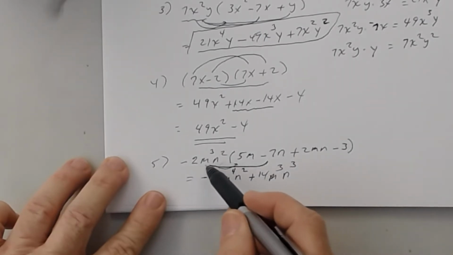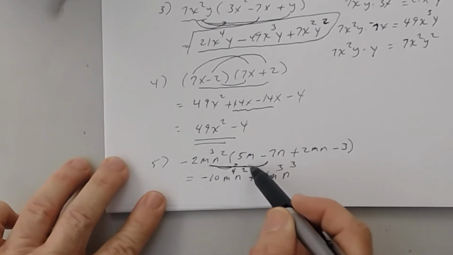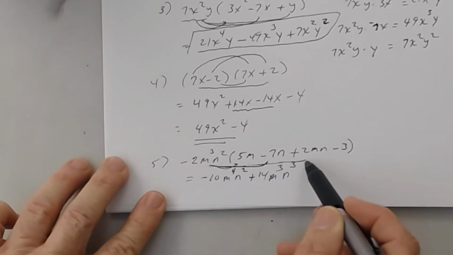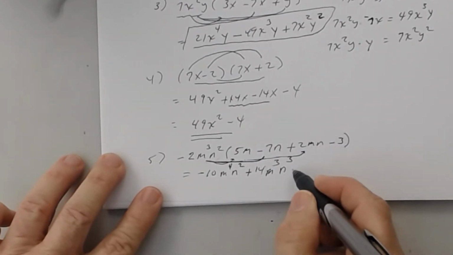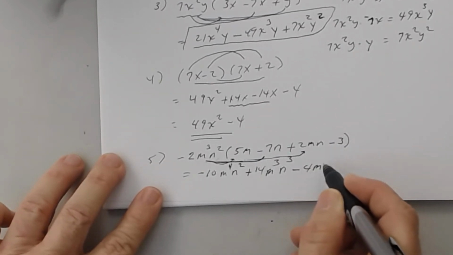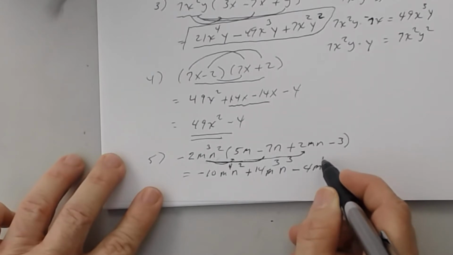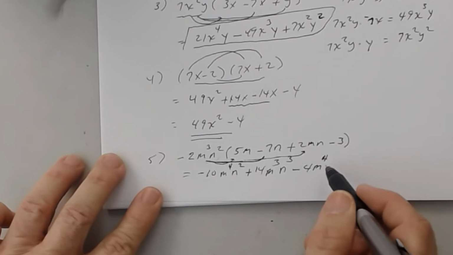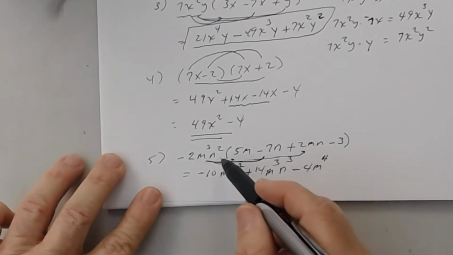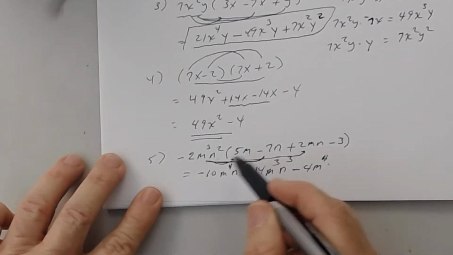What's a negative 2m cubed n squared times a positive 2mn? Negative 4. m cubed times m. m to the fourth. n to the third, because n squared times n. Remember, you multiply like bases.